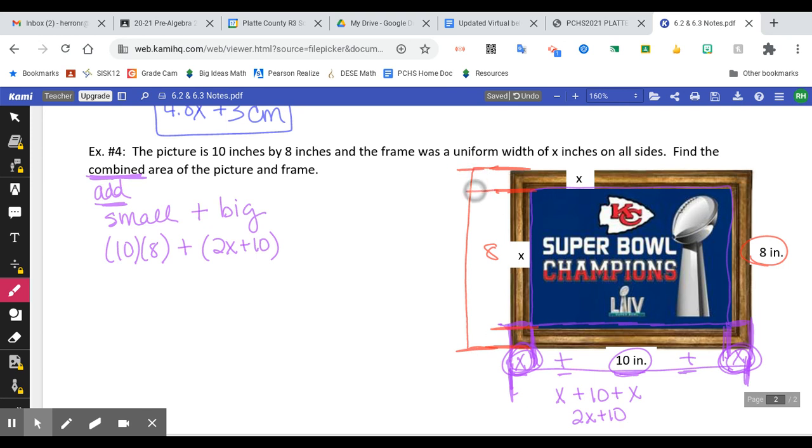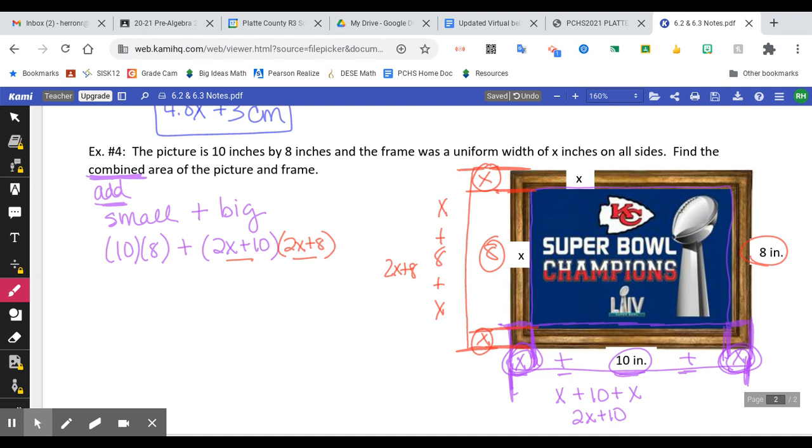That means I need this section, which is x, and this section, which is x, so I add them together: x plus 8 plus x gives me 2x plus 8. So the next part is 2x plus 8, the length and the width of the big picture with the frame.